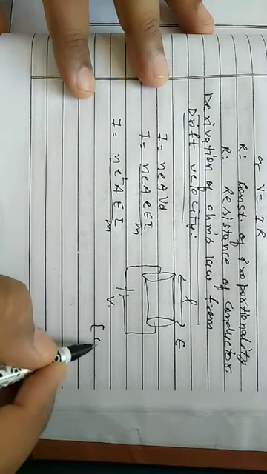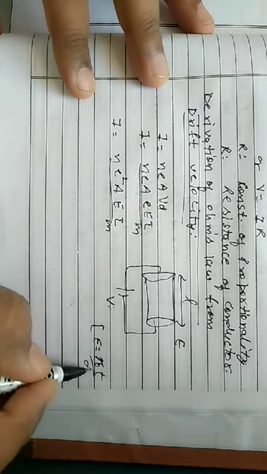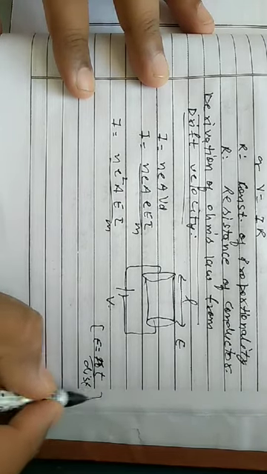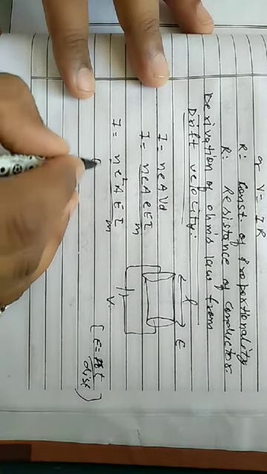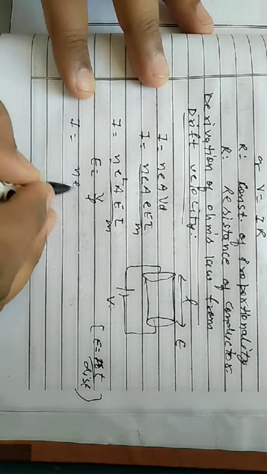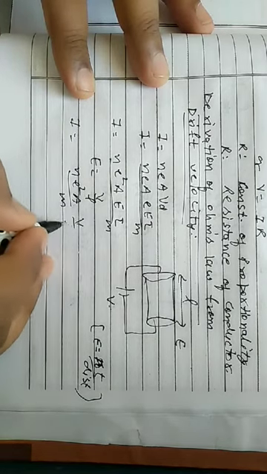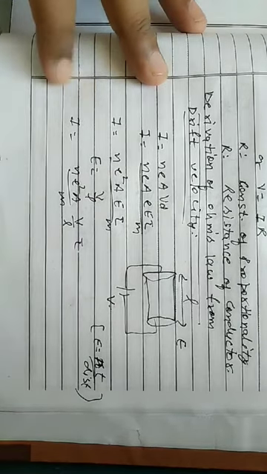According to the relation, E is equal to potential upon distance, potential is V, so we can write E is equal to V by L. I is equal to n e square A by m, E is V by L into relaxation time.